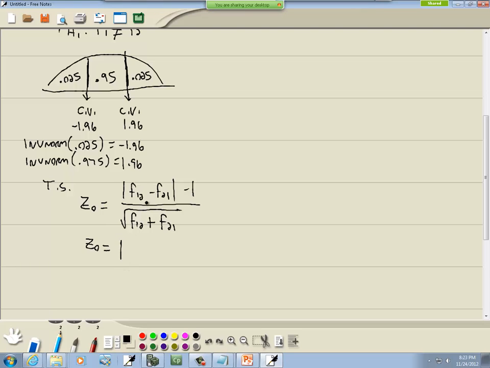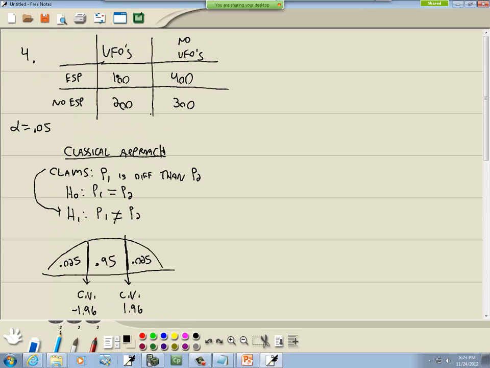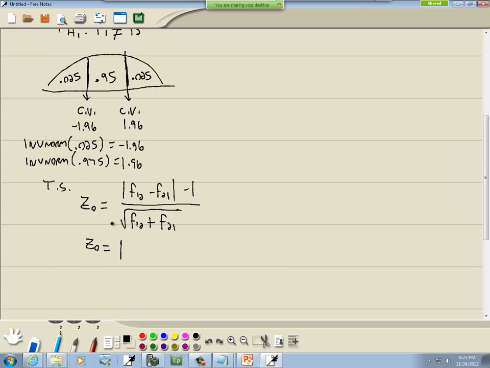Okay. Now F12, that's row 1, column 2. So row 1, column 2 would be 400.